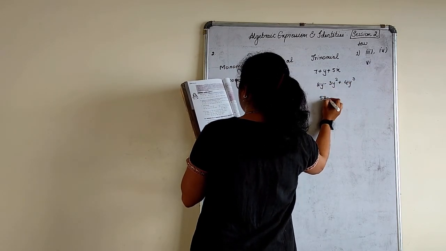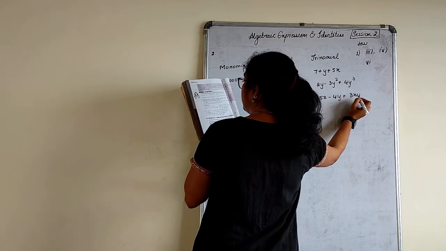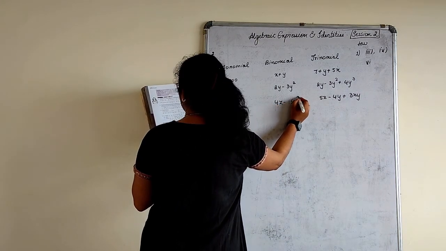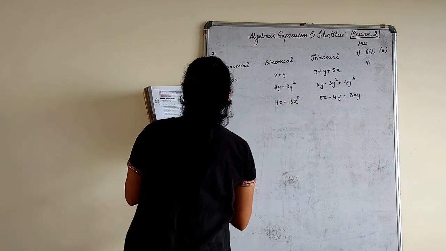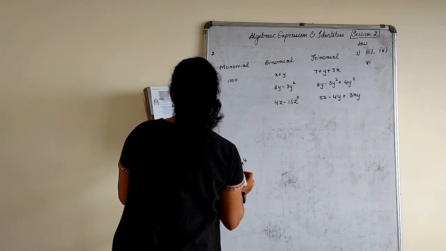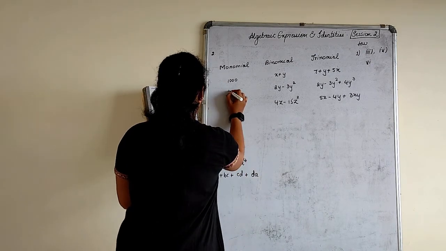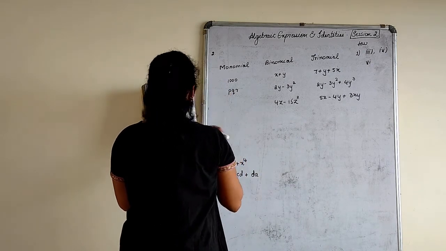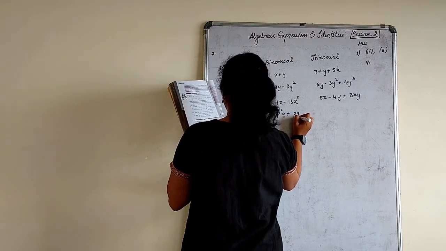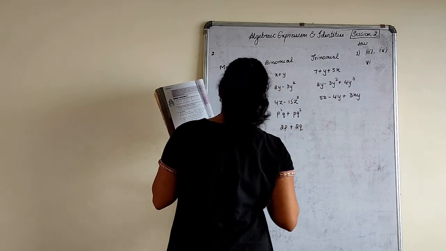Then 5x minus 4y plus 3xy. 4z minus 15z square. Then you have AB plus BC plus CD plus DA. Then you have PQR. Then P square Q plus PQ square, 2P plus 2Q.